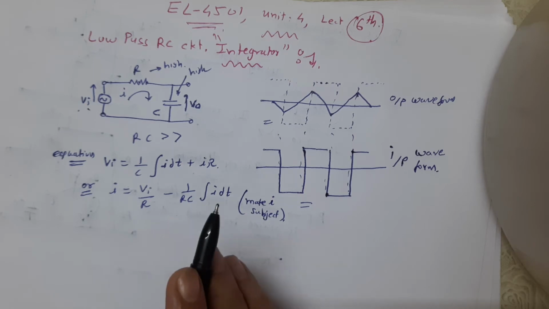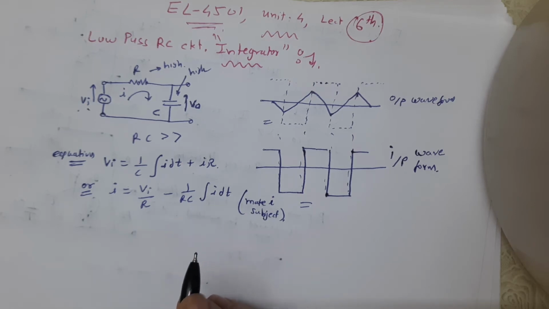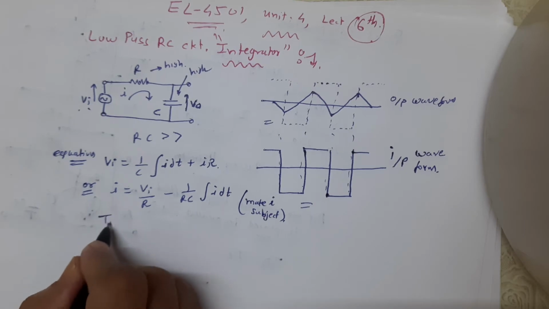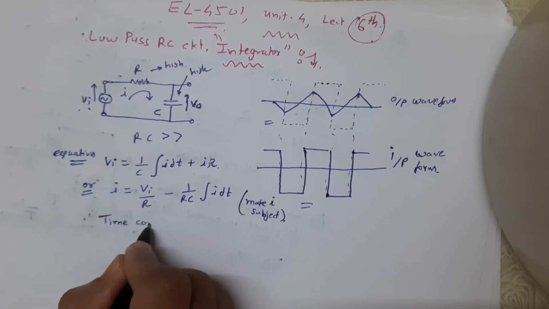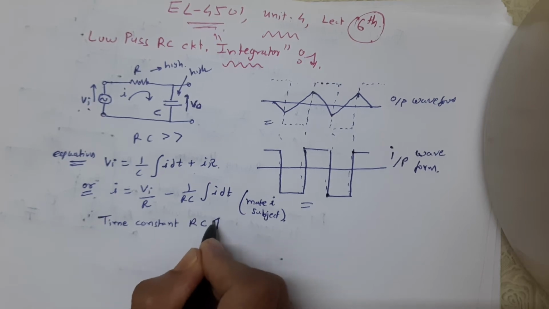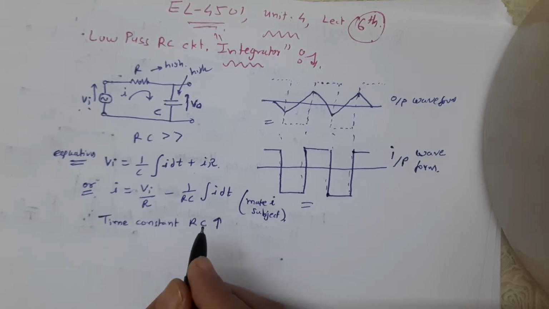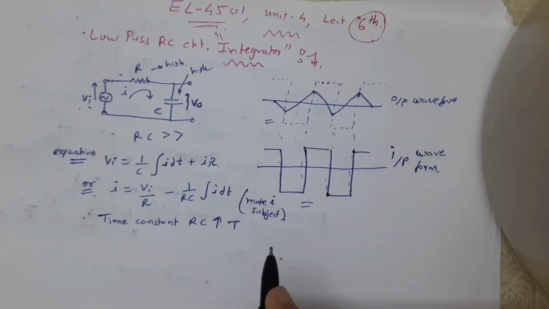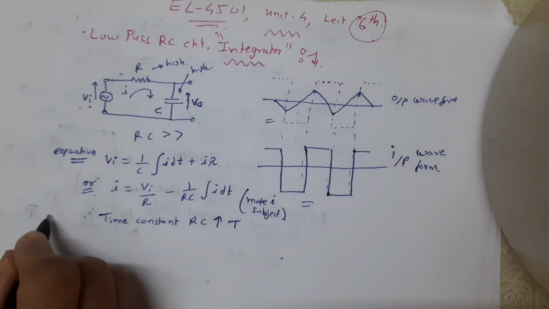Now, if the time constant RC is very large compared to the interval of the input signal, that means the periodic time, this is our condition.